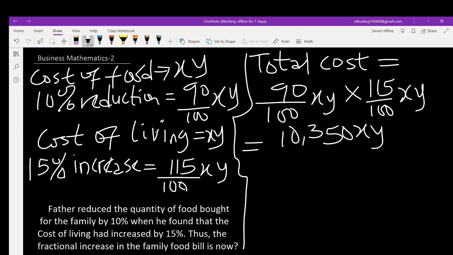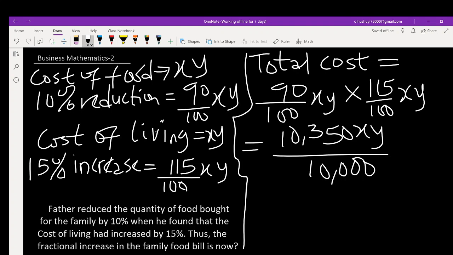So you have 10,350 XY divided by 10,000. Yes, you can help yourself out here. 10% reduction. I'm thinking if you have XY and XY, you're going to be having XY squared, but we have to avoid that. So it means we need to use X and Y here.